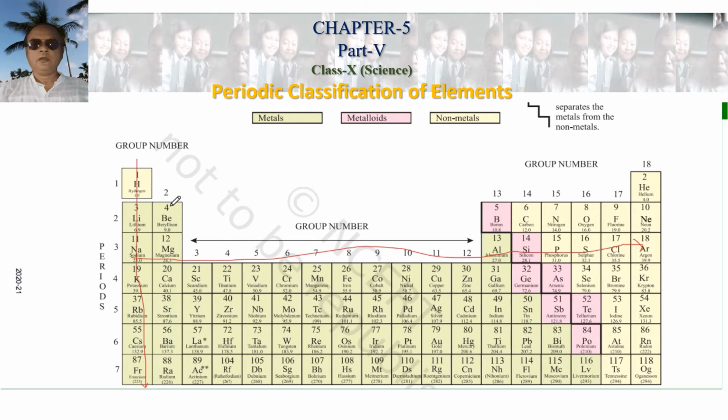Here the number of shells is increasing. If you go down in the second group also it is increasing, but the number of electrons is 2 in the outermost orbit.